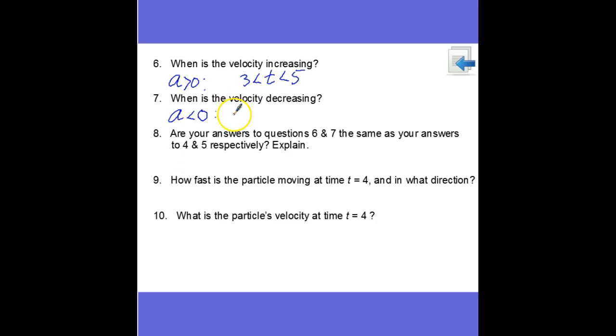So let's say 1 is less than t is less than 2, and then the other one is 2 is less than t is less than 3.